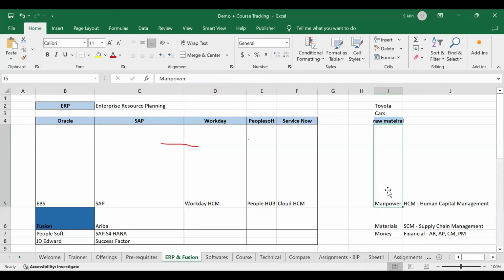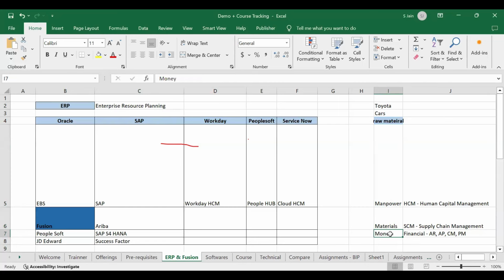In addition to that, material. In any organization, the material may be machinery, products, finished products, raw materials. These are resources that the organization needs to manage properly. And the third aspect is money. Money is also one of the resources that is supposed to be managed.